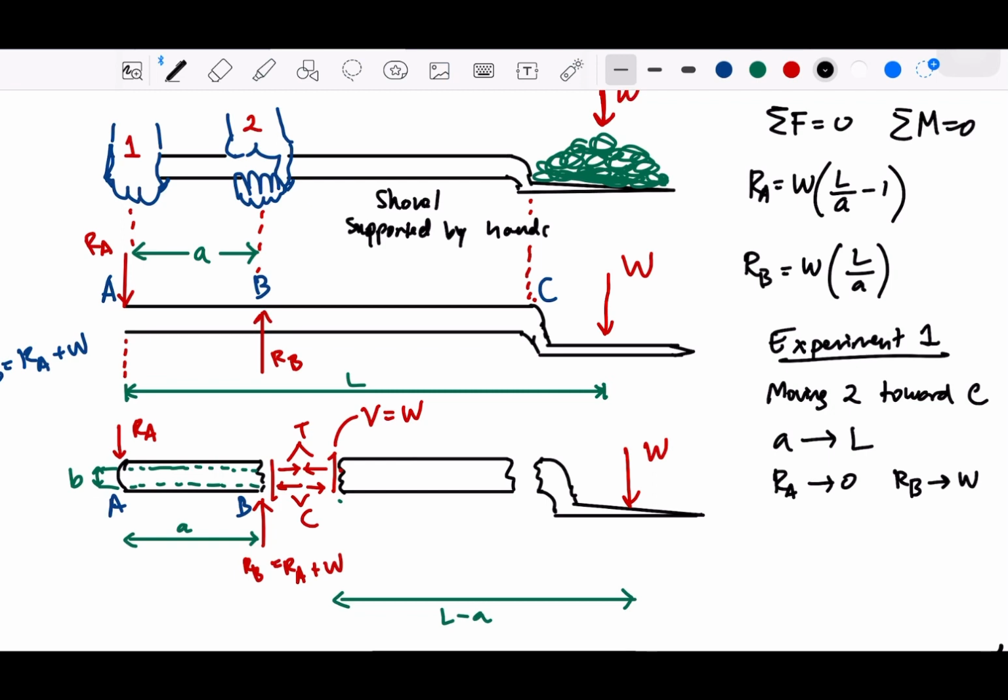If we move our hands near the weight, the hand nearby the weight will be very, very heavy, and the hand that is left behind is getting lighter, so it's not as heavy as it is.